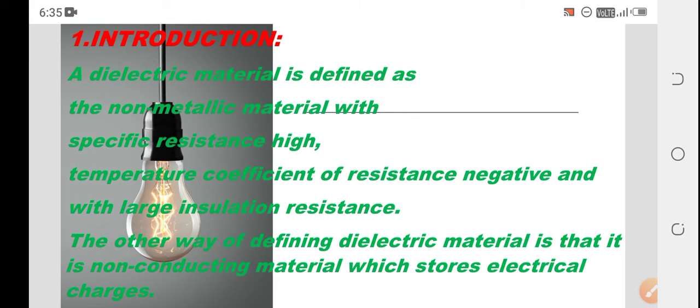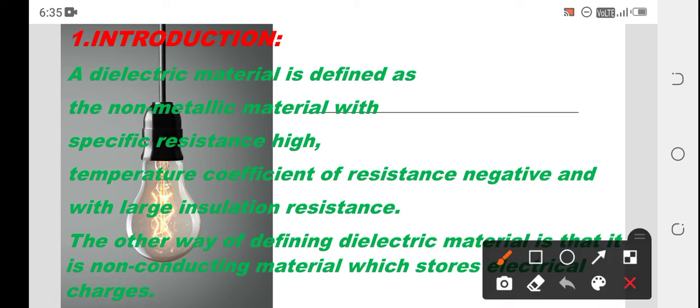In interaction, a dielectric material is defined as a non-metallic material with high specific resistance, negative temperature coefficient of resistance, and large insulation resistance. So what are the specific characteristics of a dielectric material?